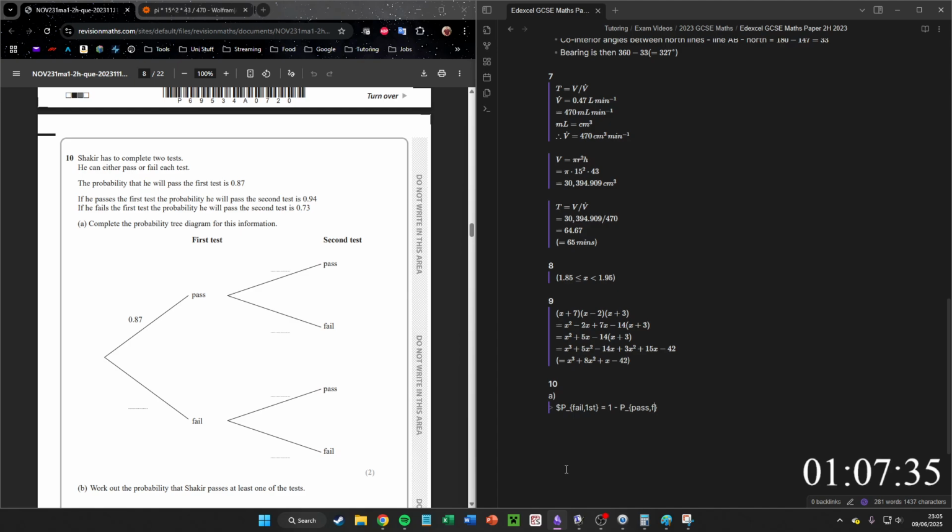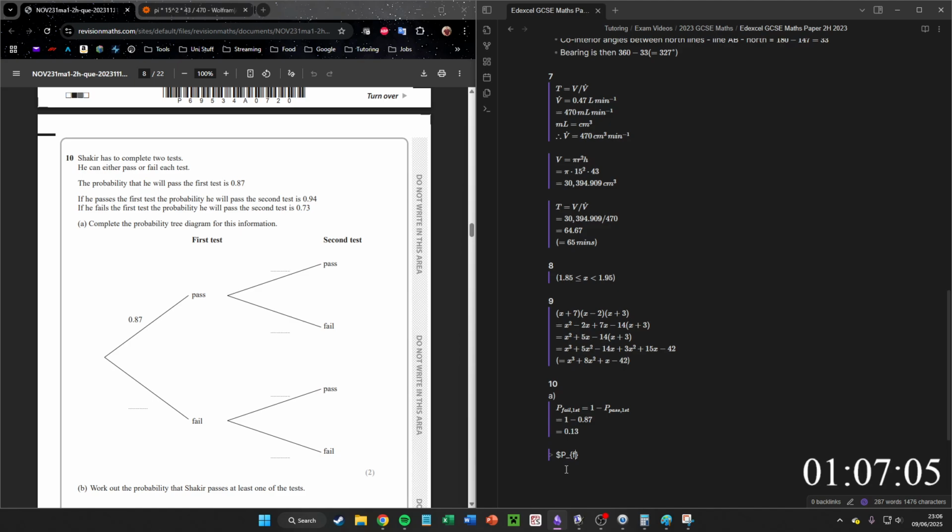So that's obviously just the sum of all the probabilities of all possibilities is 1. So you can just do that quite easily there. Take away the known probability from 1, so that's 1 minus 0.87, and that is 0.13.